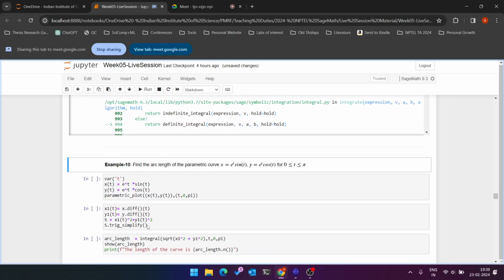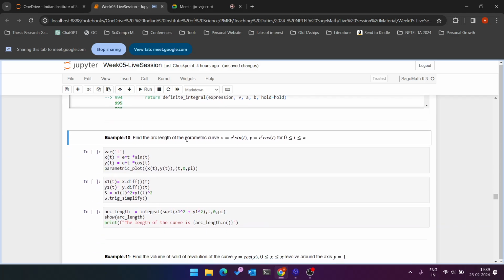So the next example deals with finding arc length for a parametric curve this time. So x of t and y of t, with t being a parameter and t varies from 0 to pi. Both of them have an e raised to t expression, and then they are multiplied with sine of t and cos of t respectively. Again, the same process. We start off with variable t.